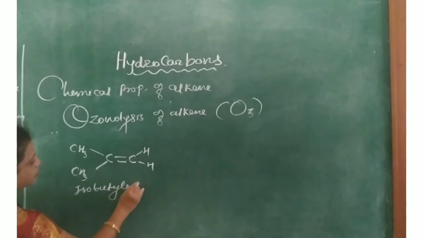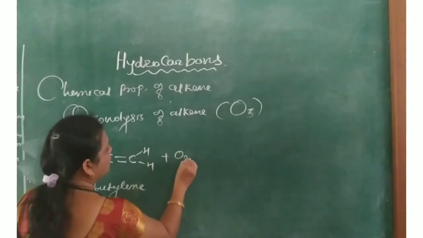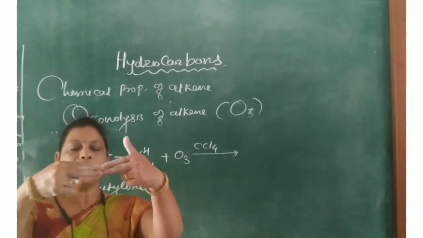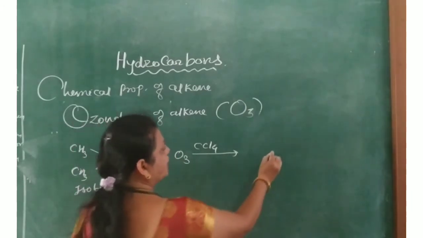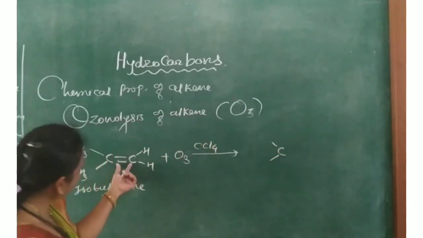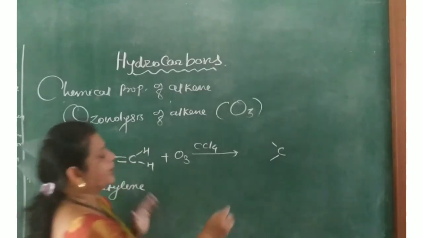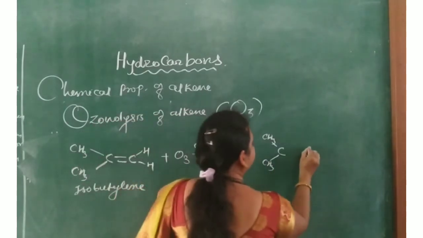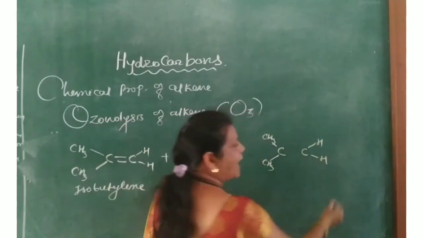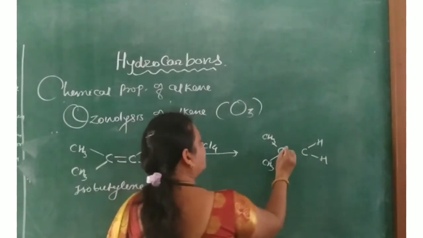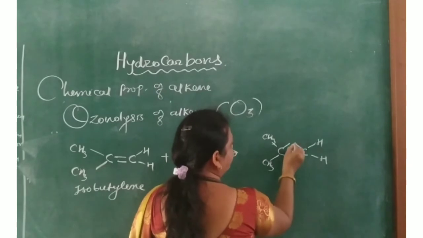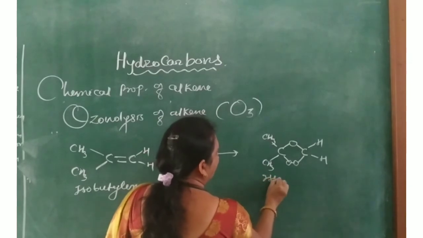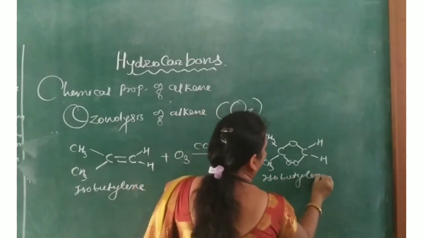On ozonolysis in the presence of carbon tetrachloride, again the double bond gets converted in this way. Here the carbon on the left side of the carbon-carbon double bond contains 2 CH3 groups, CH3, CH3, and the next carbon contains only 2 hydrogen atoms. So the double bond is converted in this way, one oxygen combined here and another here, to form isobutylene ozonide.